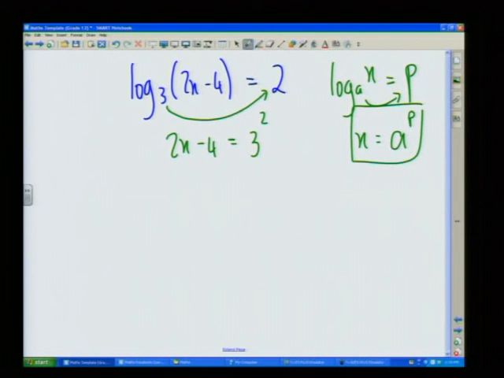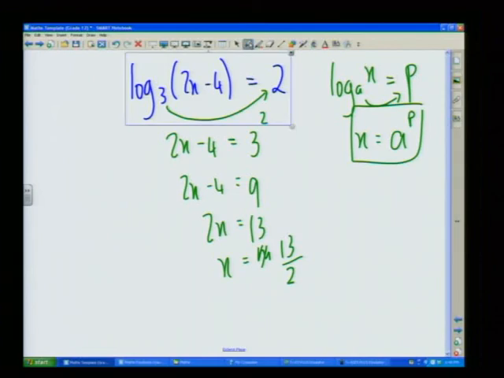It's given me a nice, simple little step. 3 squared is 9, so 2x minus 4 is equal to 9. 2x is equal to 13, and so x would be 13 over 2. I double check: 13 over 2 is 6.5. 2 times 6 is 12 already. It's going to work. It makes it positive.